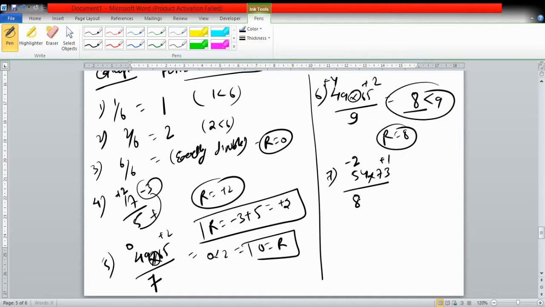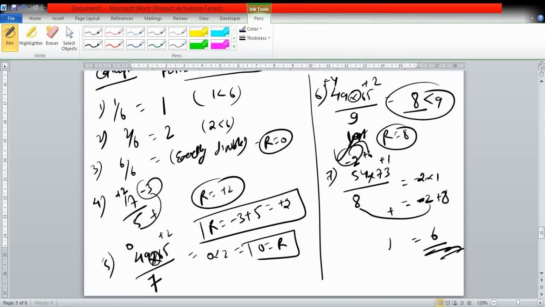If you go for 48, it will be plus 6 also. But whichever is lesser, I'll select that one, because the multiplication will be easy. I'll select minus 2. So minus 2 into 1 is minus 2. And since we got a negative, you have to add it to the divisor, and it will be 6. The remainder will be 6.